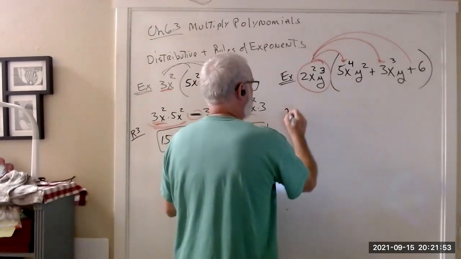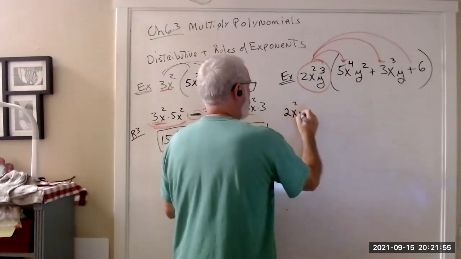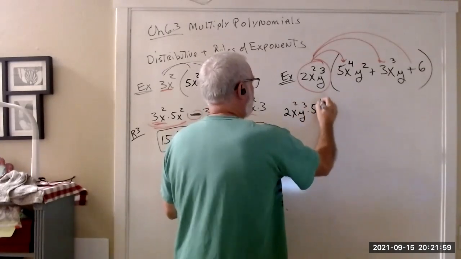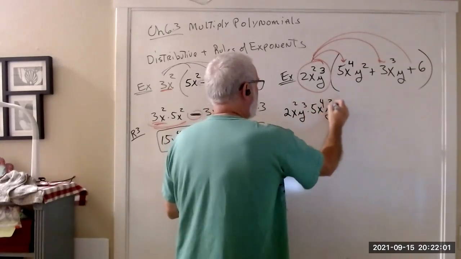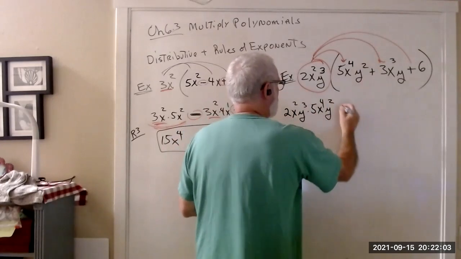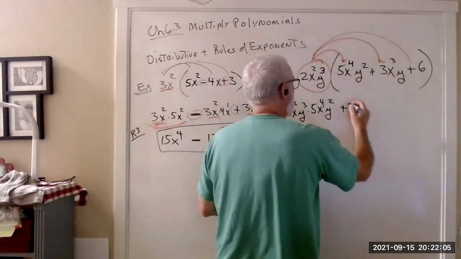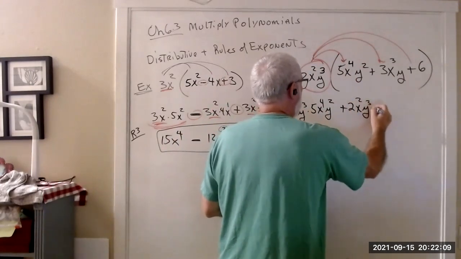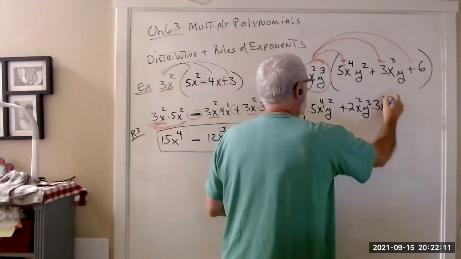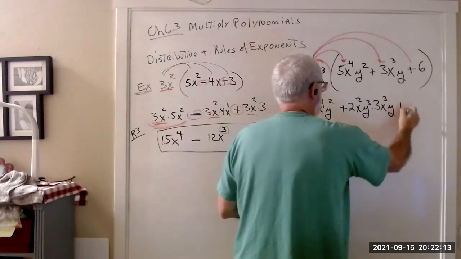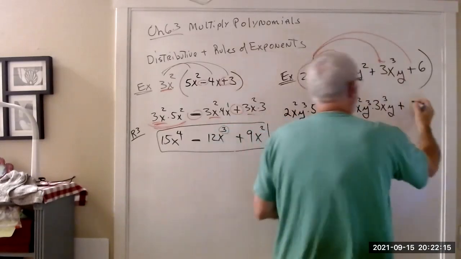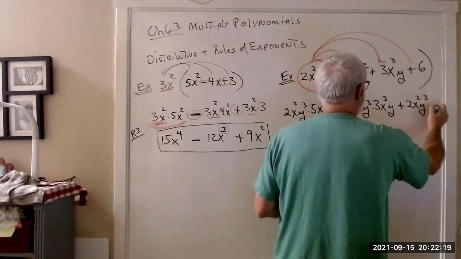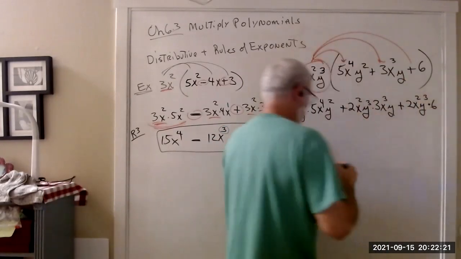So we have 2x to the second, y to the third, times 5x to the fourth, y to the second, plus, then we distribute again, 2x to the second, y to the third, times 3x to the third y, plus 2x to the second, y to the third, times 6.